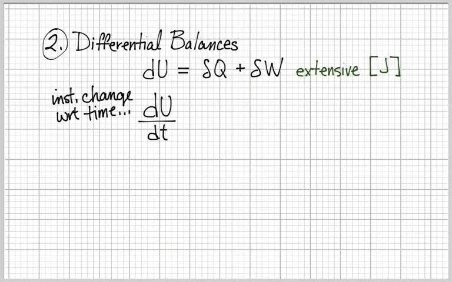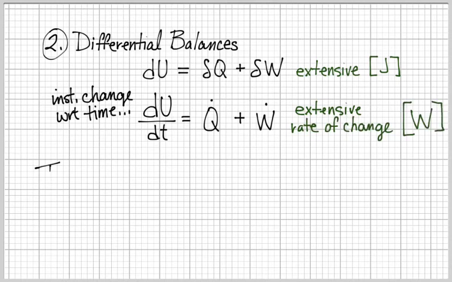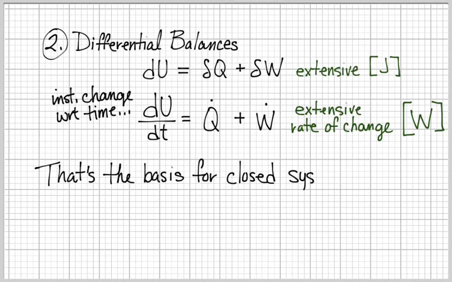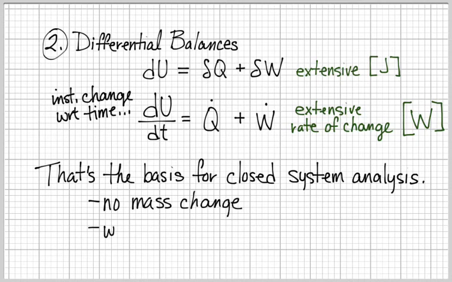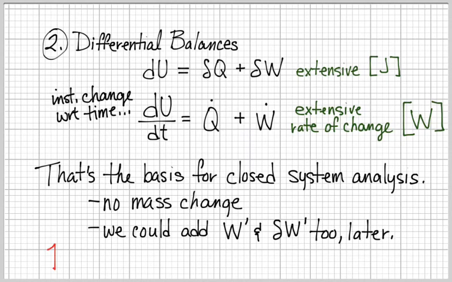If I look at this as an instantaneous change with respect to time, a dU/dt, then on the right side of the equation you're going to see Q dot and W dot, which is a shorthand way of saying the rate of change dQ/dt or dW/dt. But it's still going to be an extensive representation, but it will be a rate of change, and so the units will be watts. Okay?